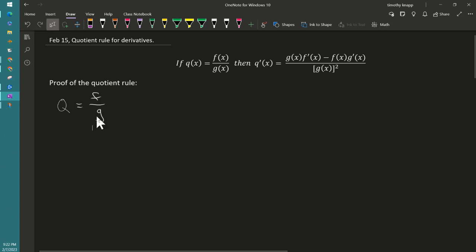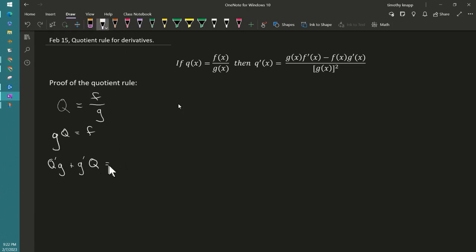What I want to do is quickly multiply by g on both sides. So I've got g q equals f. Now if I take the derivative, we know based on the product rule, which is what we learned a couple of days ago, the derivative of the product of two functions is the derivative of one times the other one not differentiated, plus the derivative of the one that we didn't differentiate times the first.